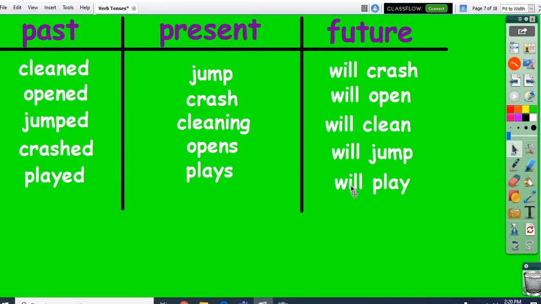Alright, this is the chart that we worked on yesterday. These were the verbs that could be done in the past, these were the verbs that could be done in the present, and these were the verbs that could be done in the future. If you remember in our lesson yesterday, we looked at the verbs and talked about what they had in common, what was the same about them.